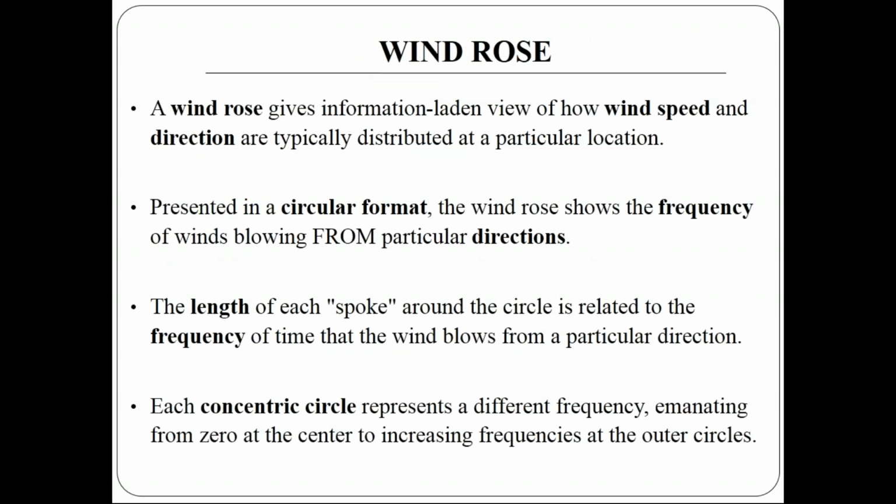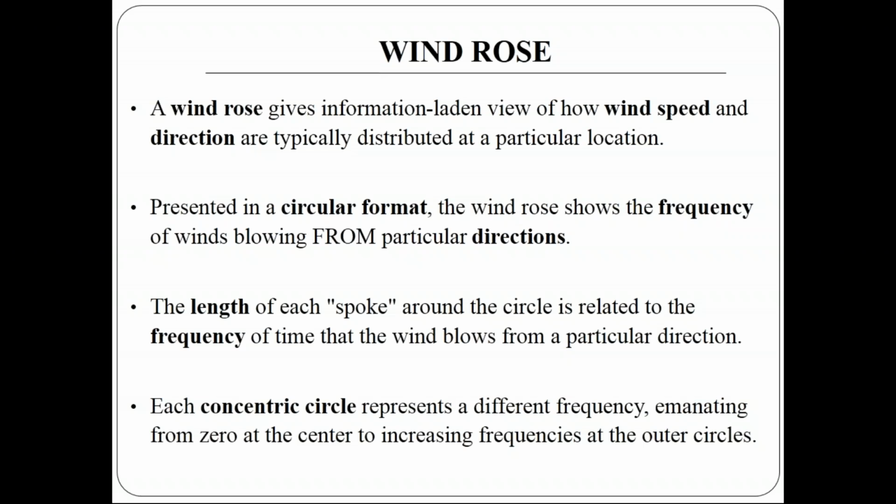And the wind rose is an information-laden view of how wind speed and direction are typically distributed in a particular area. It is in circular format, where some spokes are there, and each spoke around the circle is related to the frequency of time that the wind blows from a particular direction.